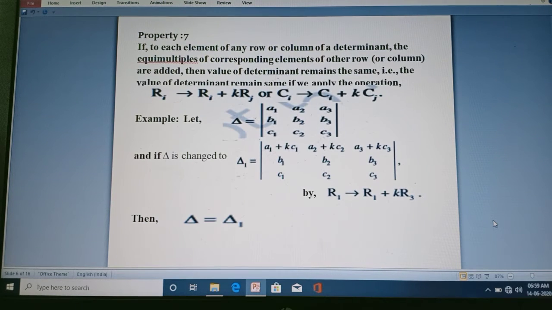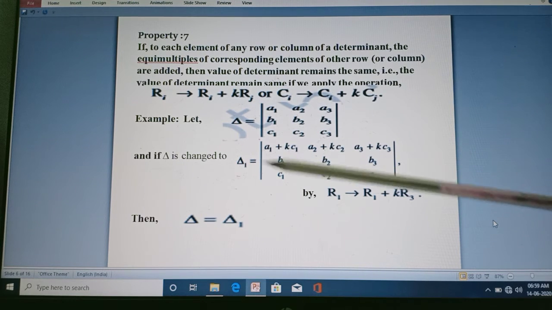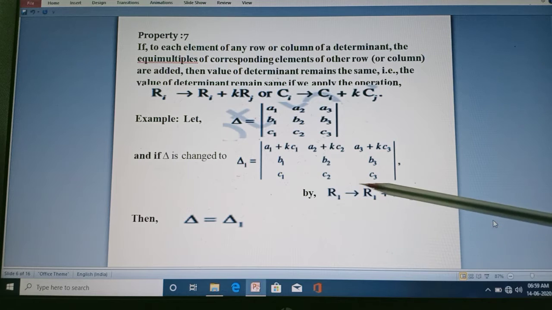So students, it is the last property. If to each element of any row or column of a determinant, the equimultiples of corresponding elements of another row or column are added, then the value of the determinant remains the same. Means if we change any particular row or column using another row or column, like changing r1 by r1 plus k r3, where k is a constant multiple.